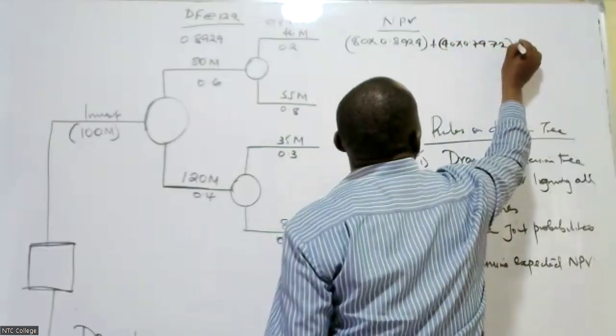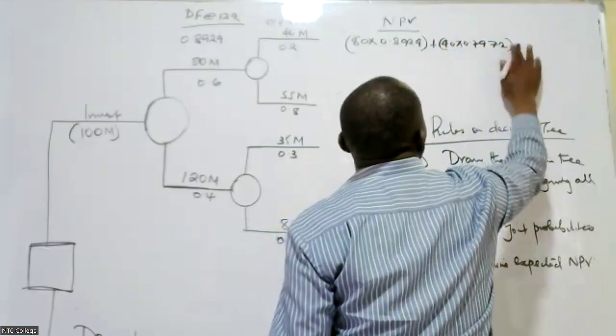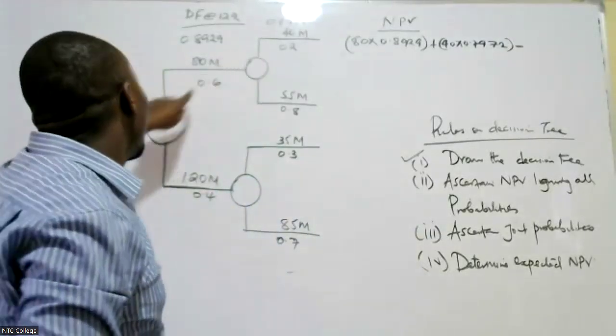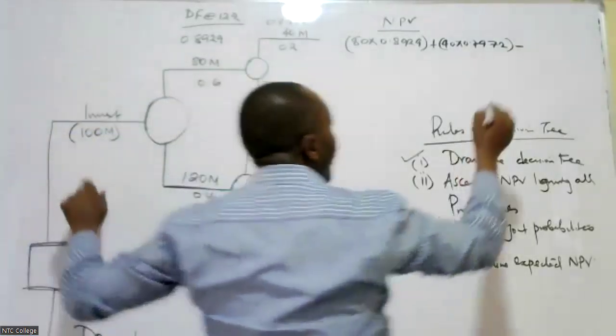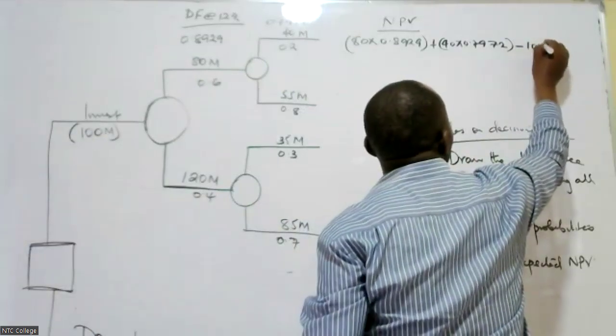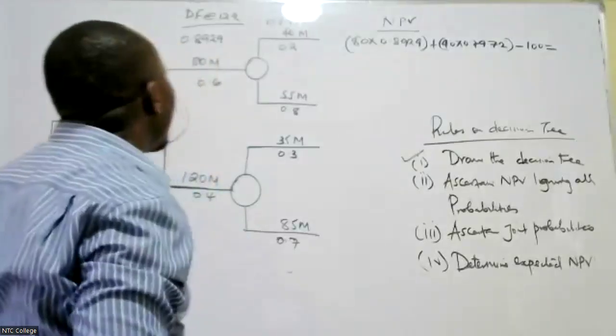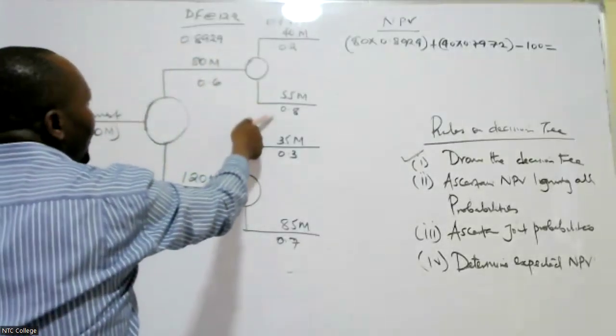What are you getting? All that minus IO. In that line, the investment was 100,000. So have 100,000 here.